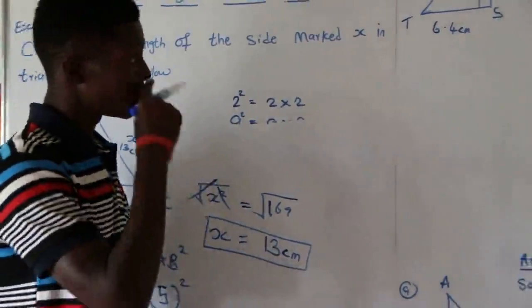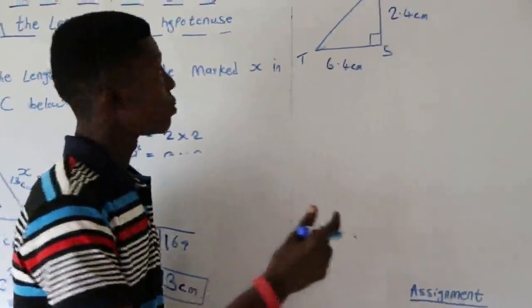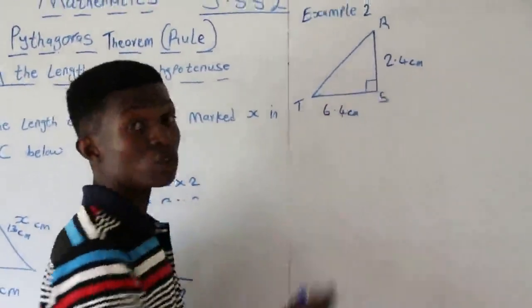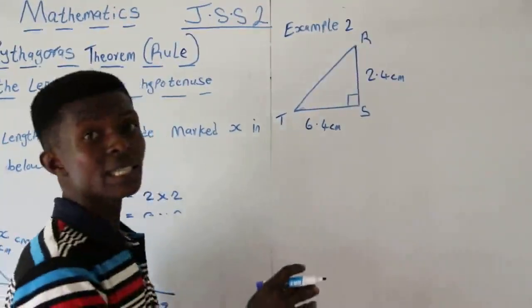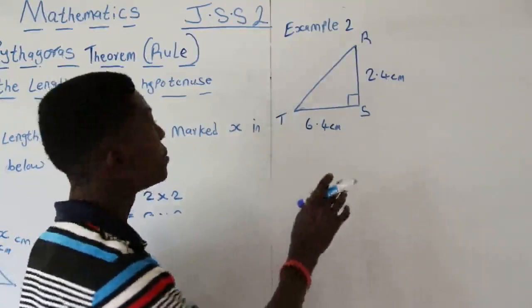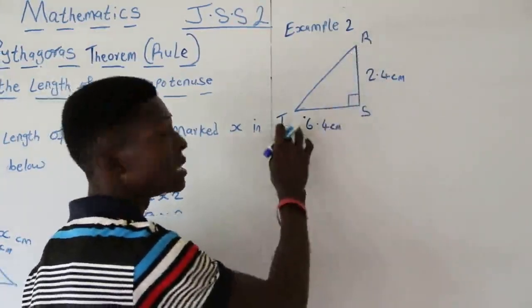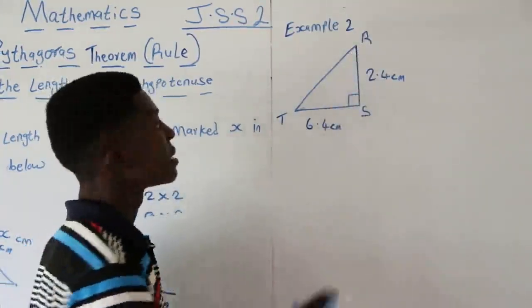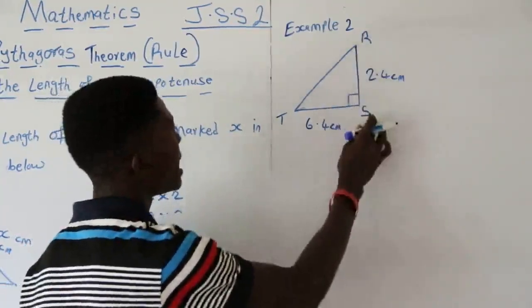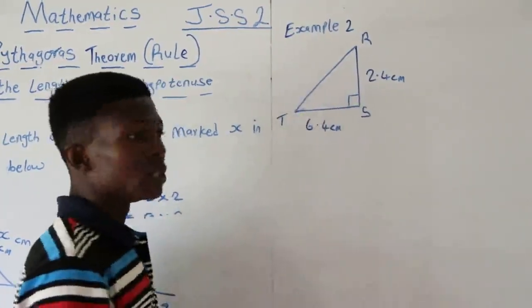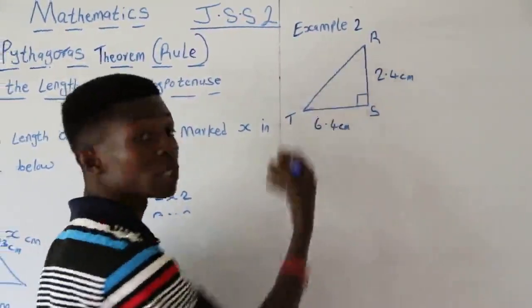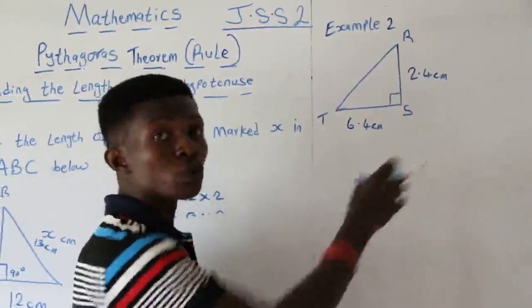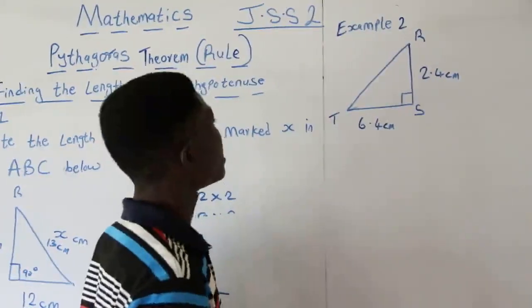Now let's go to the second example. Here we have another right angle triangle. Now it is no longer ABC. It is labeled RST, but it doesn't make any difference. The most important thing here is to know your hypotenuse side, and then you know the two other shorter sides.